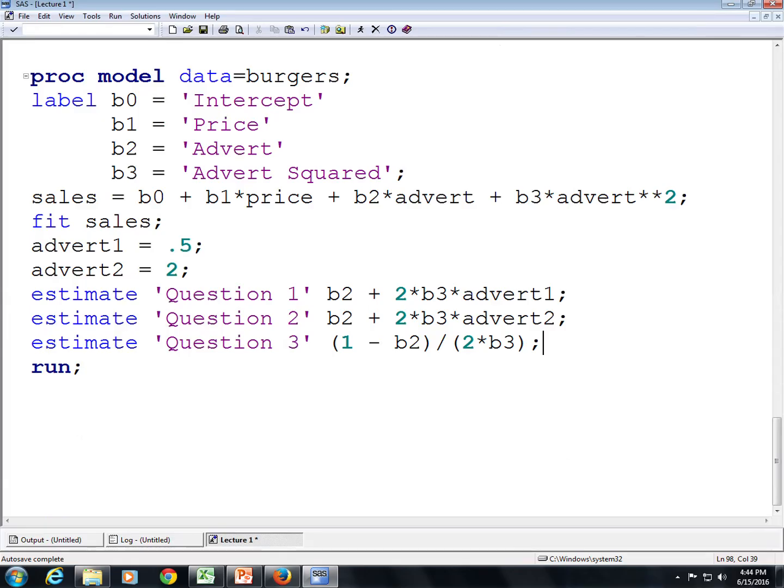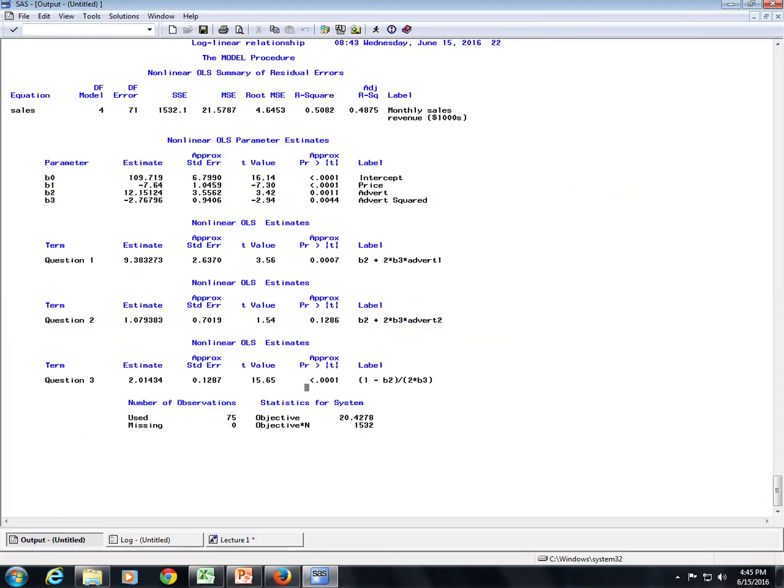And so we go to the next slide, and we can answer our different questions. Question one, when we've only spent $500 in advertising, the marginal gain from that point on is, for every $1 we spend, we expect sales to increase by $9.4.